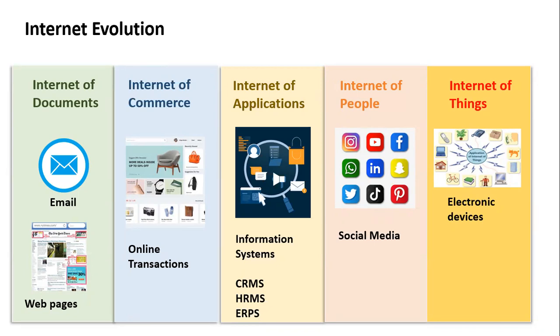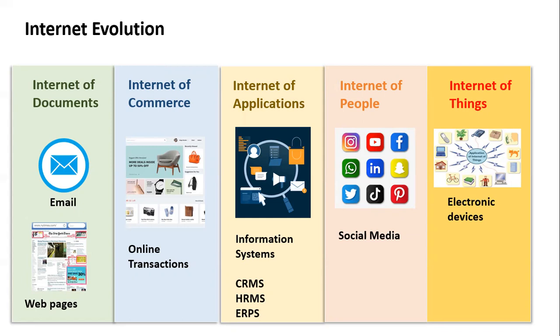Now the most important concept is the Internet of Things. That means every electronic device is going to have an internet connection. Your mobile phone, your home, your vehicle, the door of your house, your CCTV camera, and like that, every electronic device is going to have an internet connection.